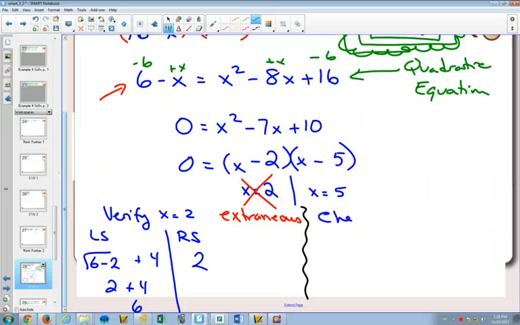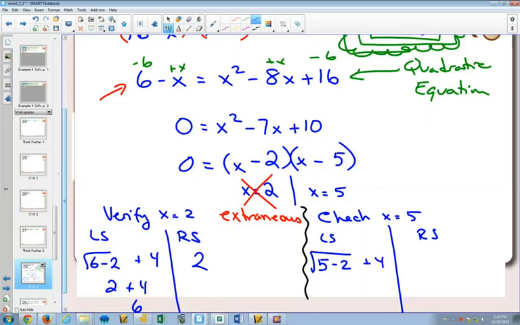Now we're going to check x equals 5. Left side, right side. And so we'll plug in, we'd have x minus 2, is that what it is? Plus 4, is that the original equation?